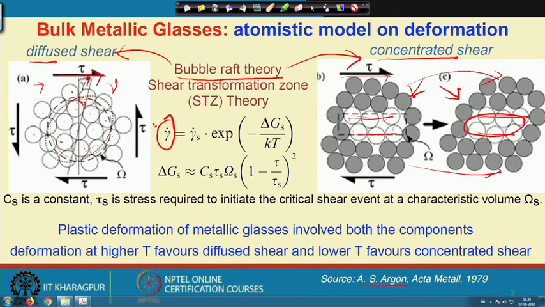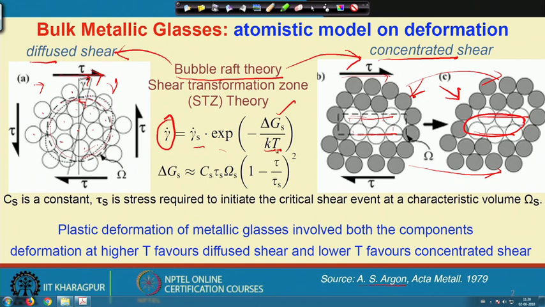It shows an Arrhenius type of relationship, which means there is a constant and an exponential, and definitely there is a delta G of shear, which is the activation energy of the shearing process, T is the temperature of deformation, and k is the Boltzmann constant.